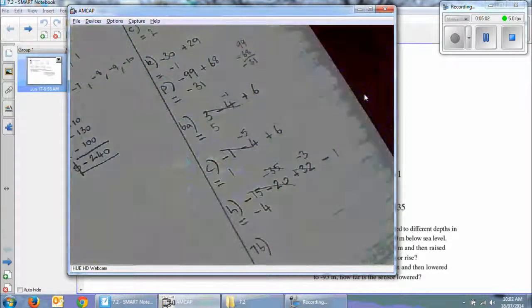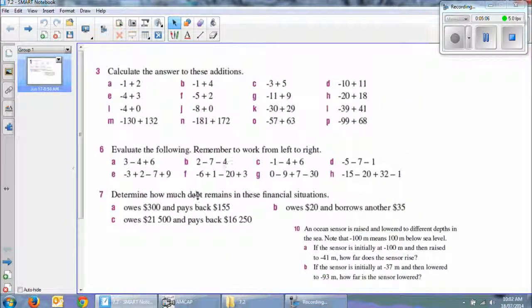I owe $4. I've got a couple of problem solving questions here. We're going to have a look at 7b. Determine how much debt remains in these financial situations. So in B it says owes $20 and borrows another $35.